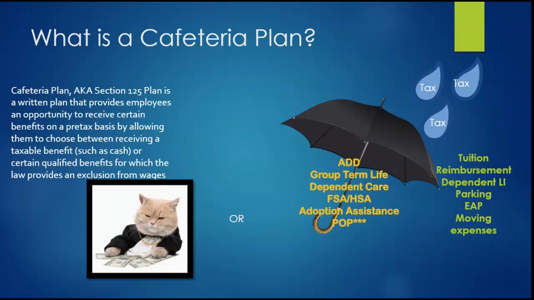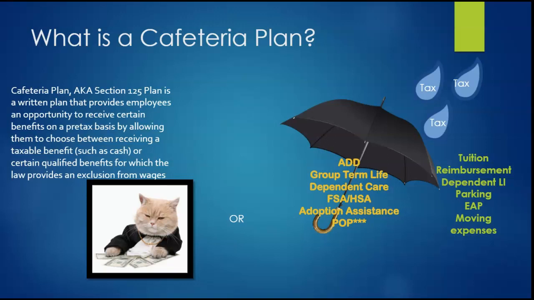The only difference is there's a monetary difference in the amount of money that you get to take out. I believe with dependent care FSA, it's $5,000 per household. So even if you have a spouse, the most that can be taken out for the entire household is $5,000. If your spouse is also using cafeteria plans, it's only $5,000 for the entire household.